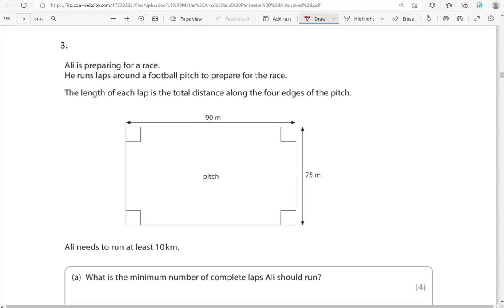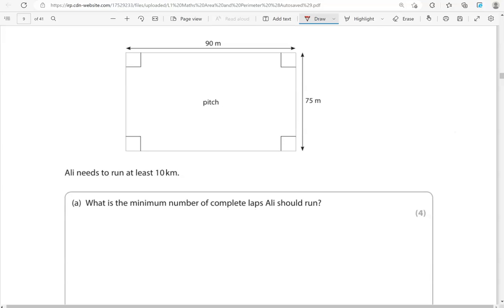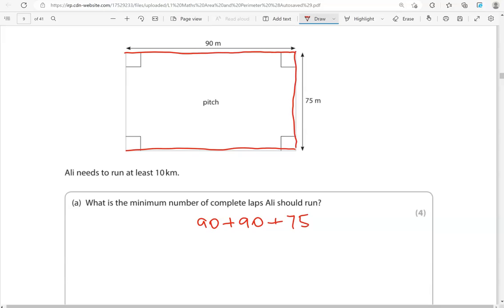So a lap is the total distance along the 4 edges of the pitch. So 1 lap will be equal to 90 meters and another 90 and 75 and another 75.